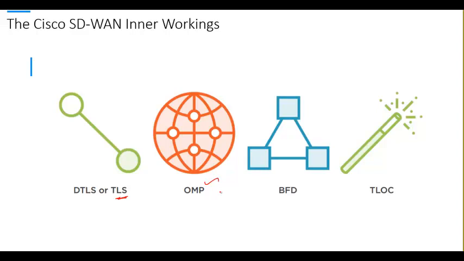So the OMP information in vSmart determines the network topology. This is the one which helps to calculate the best route in the overlay network for various destinations.